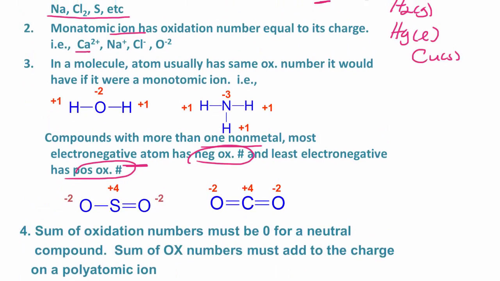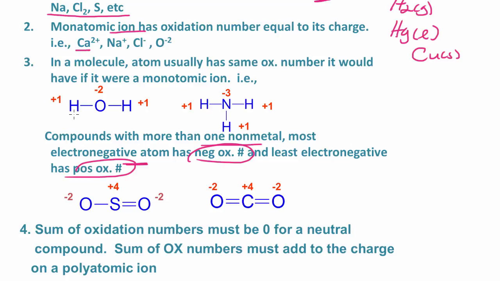We've already been told that hydrogen is always +1 and oxygen is usually -2. Notice that in water, the oxidation numbers add up to 0. These are neutral molecules. Look at ammonia: the oxidation number for each of the hydrogens is +1, and nitrogen would be -3.